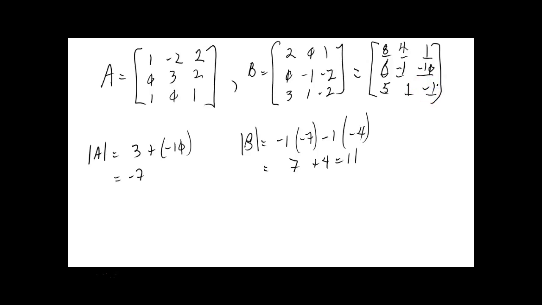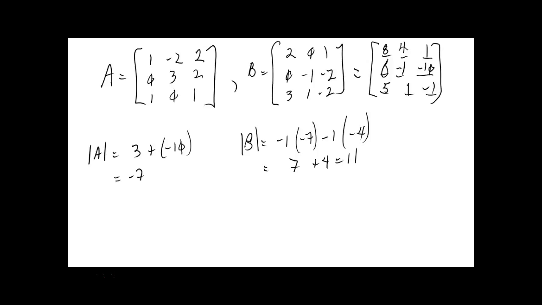Okay, so there's AB. And what did they want us to do? Find the determinant of AB. Now that's a little bit messier, isn't it? It's a 3 by 3. No zeros in sight.